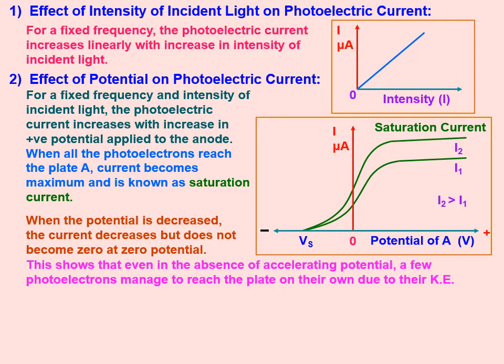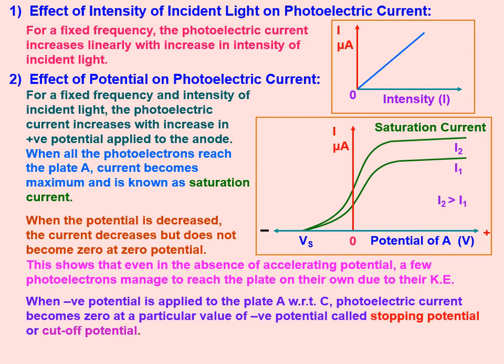This shows that even in the absence of accelerating potential, a few photoelectrons manage to reach the plate on their own due to their kinetic energy. So even if we have not applied any potential, some electrons still can reach the plate A because of their kinetic energy.